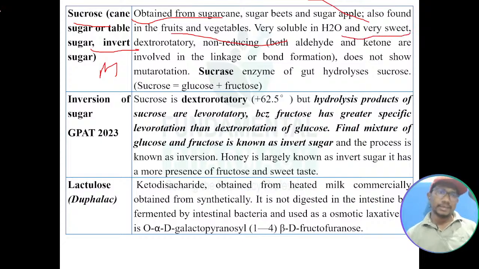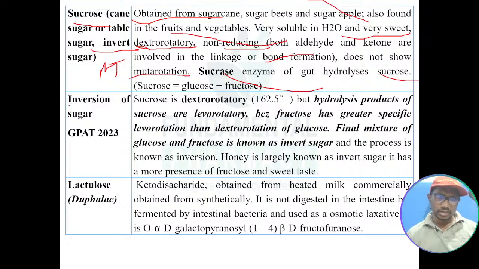It is dextrorotatory. What is its optical rotation? Sucrose is dextrorotatory, non-reducing, because both the aldehyde and ketone of glucose and fructose are involved in the bond formation. Non-reducing, does not show mutarotation, does not form osazone.